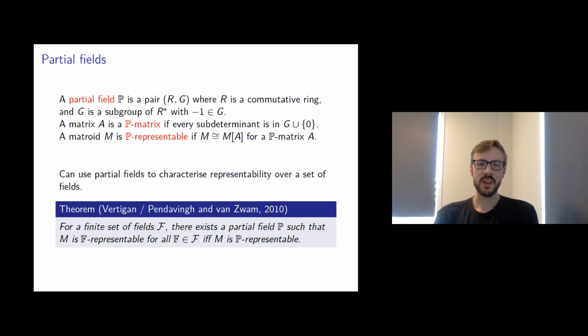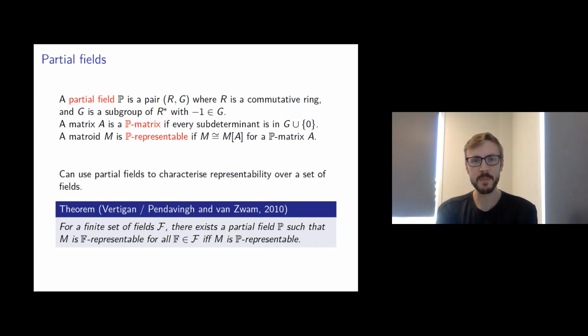So for any finite set of fields, there exists some partial field such that representability over that partial field precisely corresponds to representability over each field in the set of fields. Okay, so that's useful, but you can also use partial fields to capture some other notions. And we'll see one particular notion, having at least a certain number of inequivalent representations over a field, in just a moment.